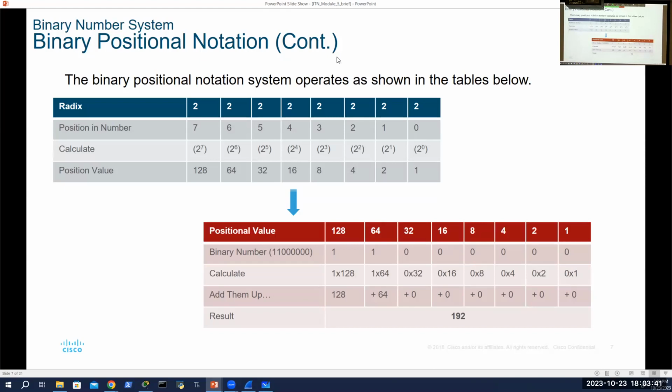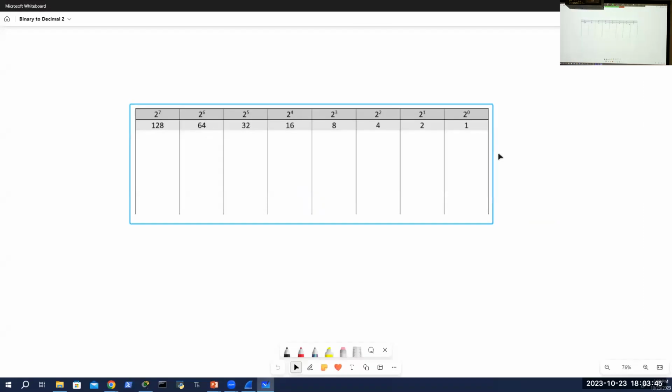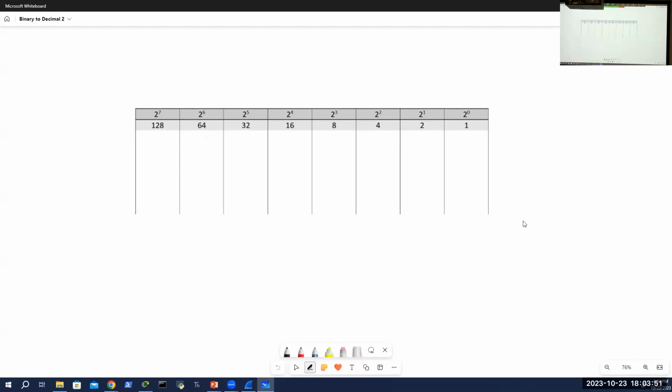So I'm going to put back the table here. I'm just going to write a binary number above the table. You put it in the table manually, and we'll see what you come up with.